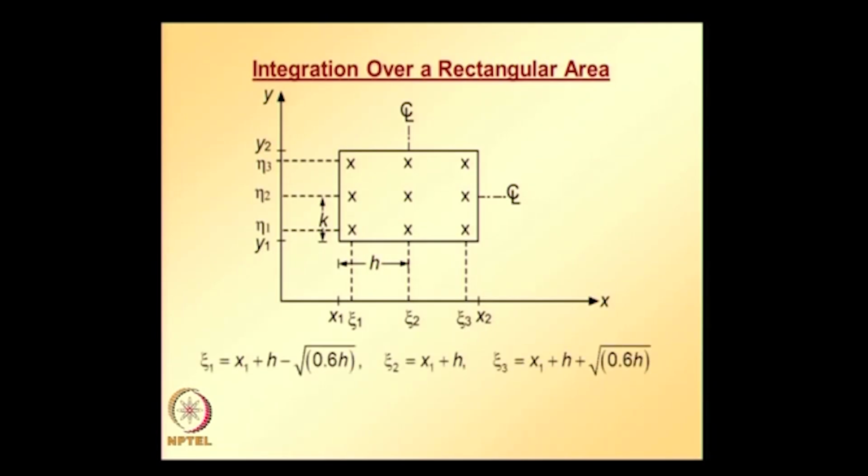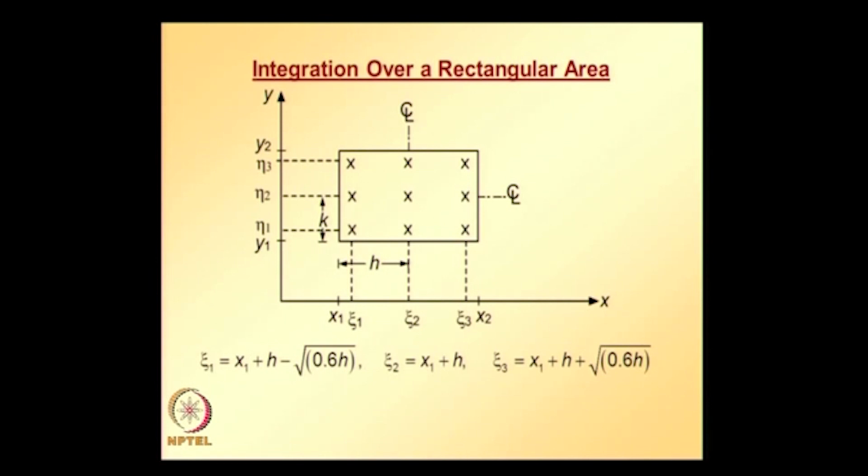So we first identify what are these psi 1, psi 2, psi 3 in terms of x coordinate or x1. So psi 1 is x1 plus h minus root of 0.6 h, psi 2 is x1 plus h, psi 3 is x1 plus h plus root of 0.6 h.